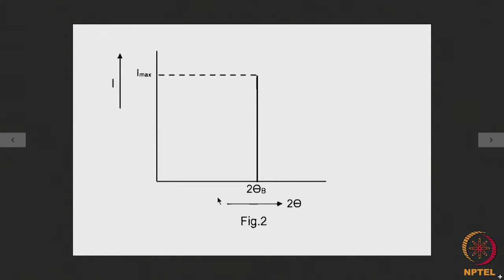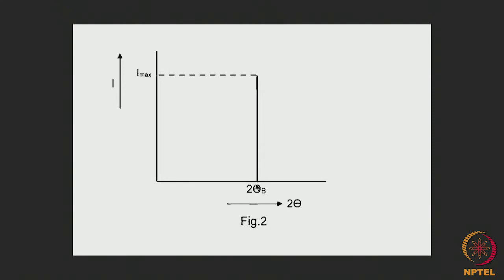We would expect that all the diffracted intensity will be concentrated at 2 theta B, where theta B is the Bragg angle. So, this should be the shape of the diffraction line profile when Bragg's law is perfectly satisfied.